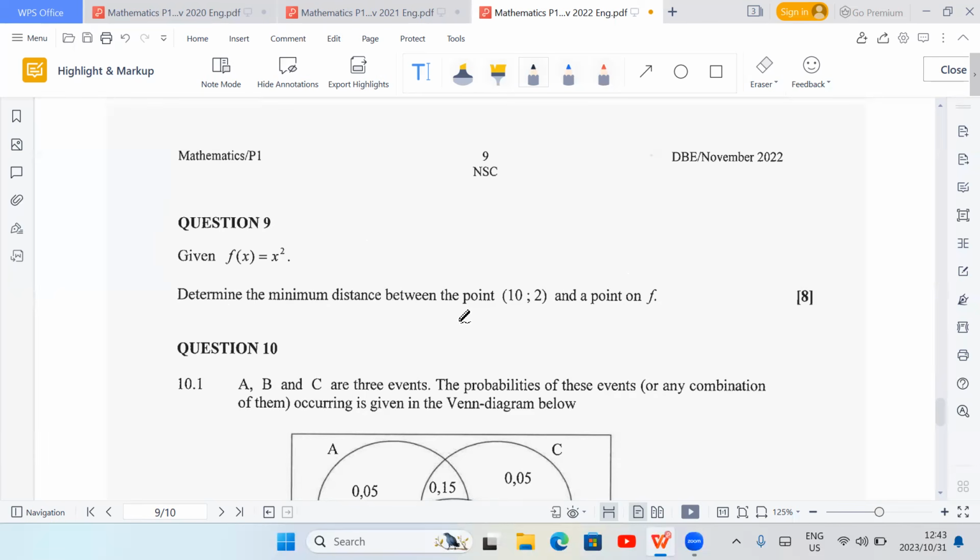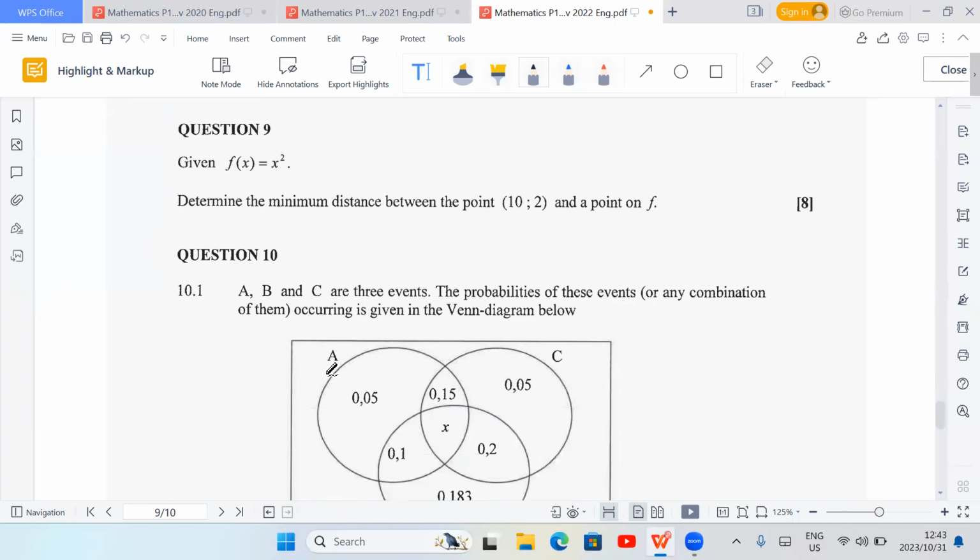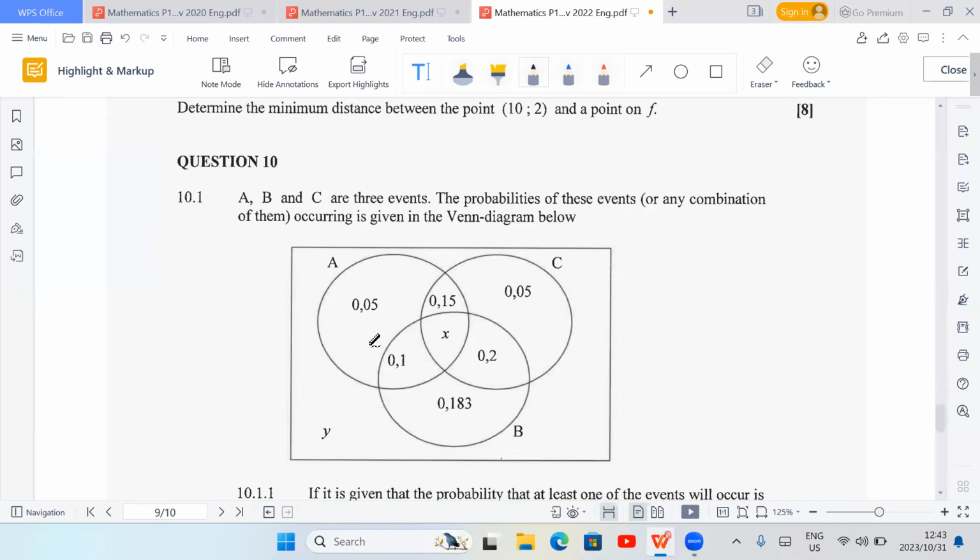In all honesty, you can pass with very good marks without even trying to attempt these questions. But if you want to get those questions, we can get down to them.